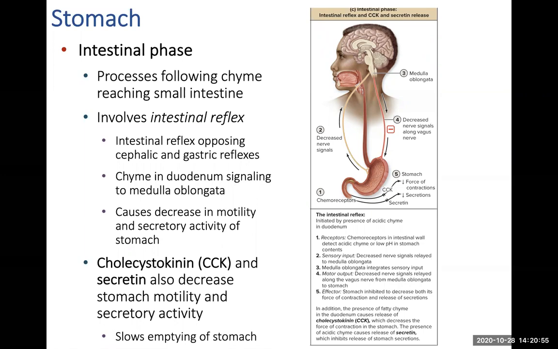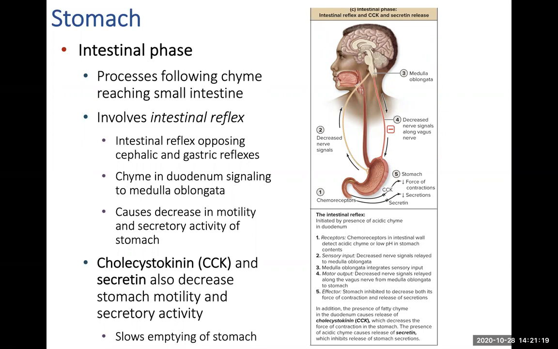The cephalic phase preps the stomach for receiving food, and then the gastric phase involves those activities that are involved with the mechanical and chemical digestion of food and the making of chyme.